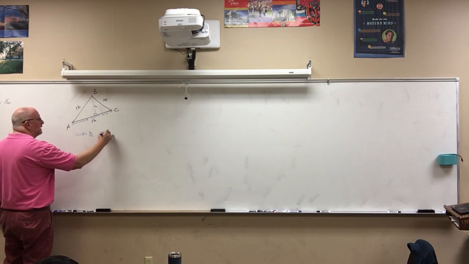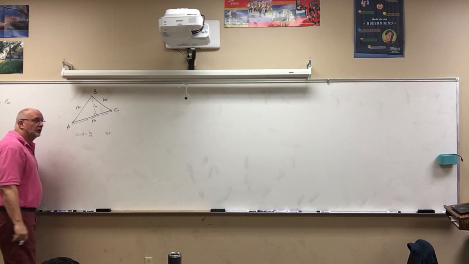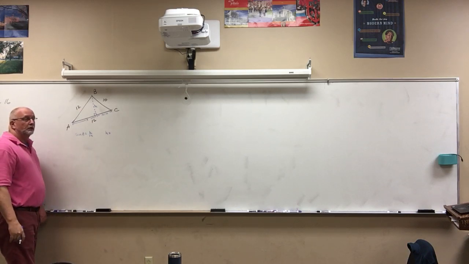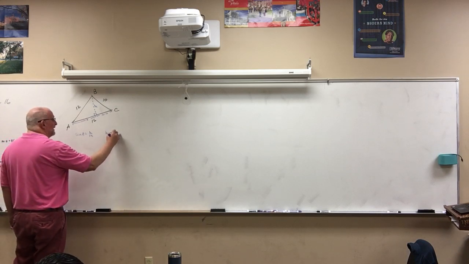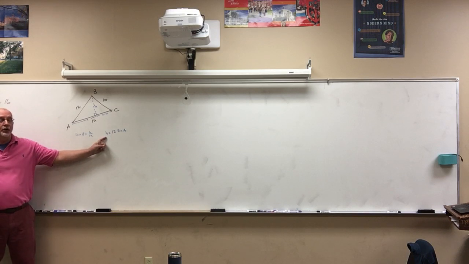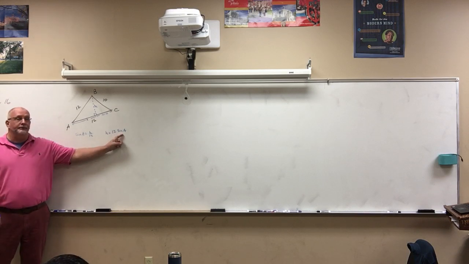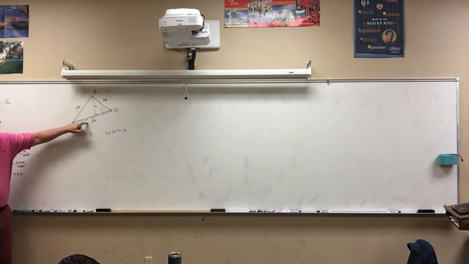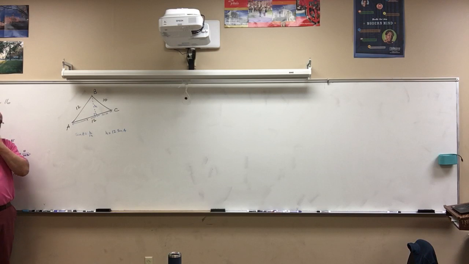So therefore, h is equal to 12 sine of A. I'm just putting h in terms of sine of A. That makes sense. Can I put x in terms of cosine of A?